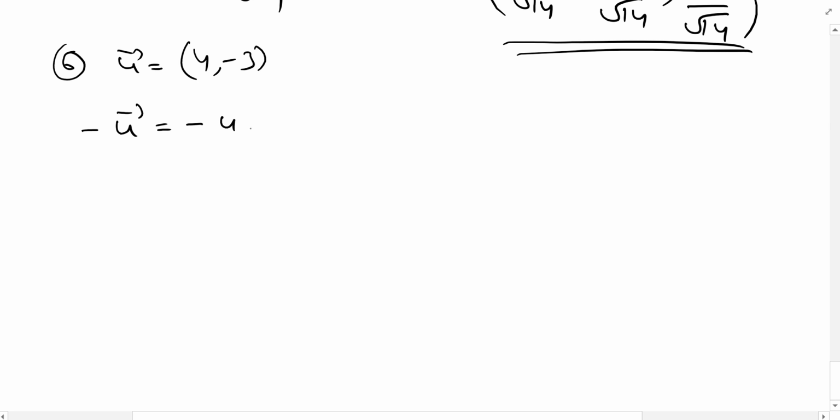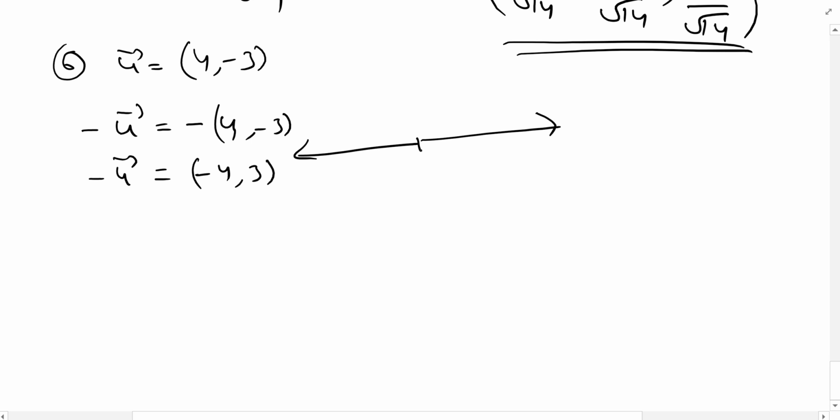So you put a negative sign, and now the negative sign goes into negative 4 and 3. So if that is u, negative u is going to be in this direction. So what we have to do, we find the length of this vector, reverse the direction, and then divide this vector by its length.